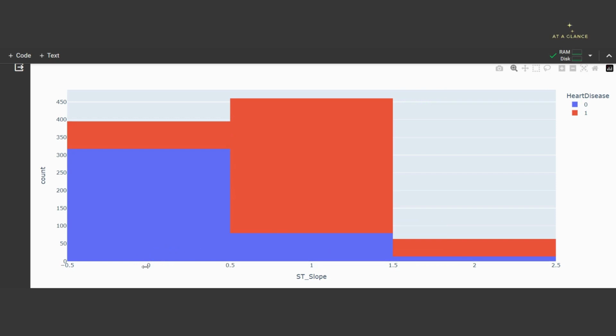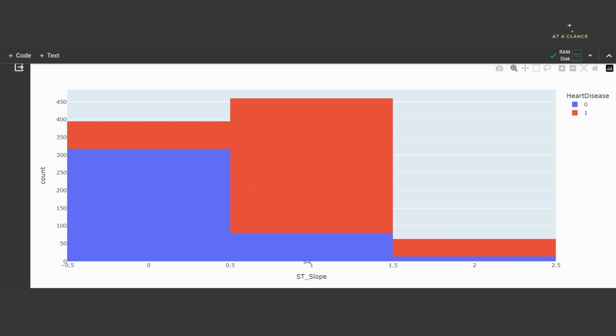If we only consider the 0, that is the down sloping, here are the patients who are having down sloping as their ST_slope. So if we look at the graph or the proportion, we can clearly say that if the patient is having downsloping as their ST slope, then there are very high chances that the patient won't be having heart disease.